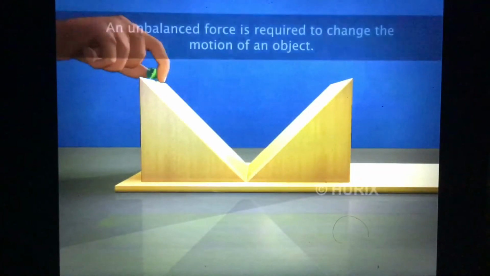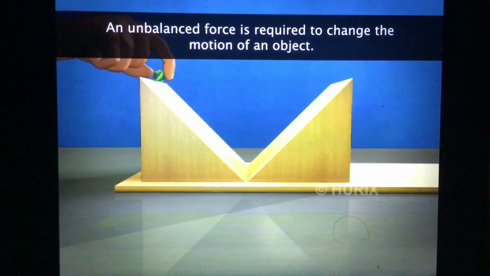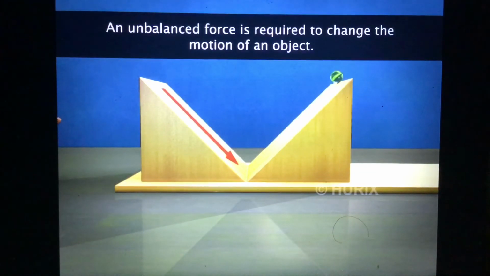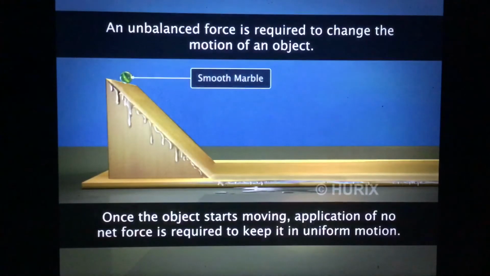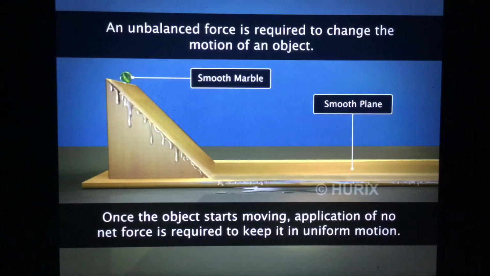From this, Galileo deduced that an unbalanced external force is required to change the motion of an object. But once the object starts moving, the application of no net force is required to keep it in uniform motion.